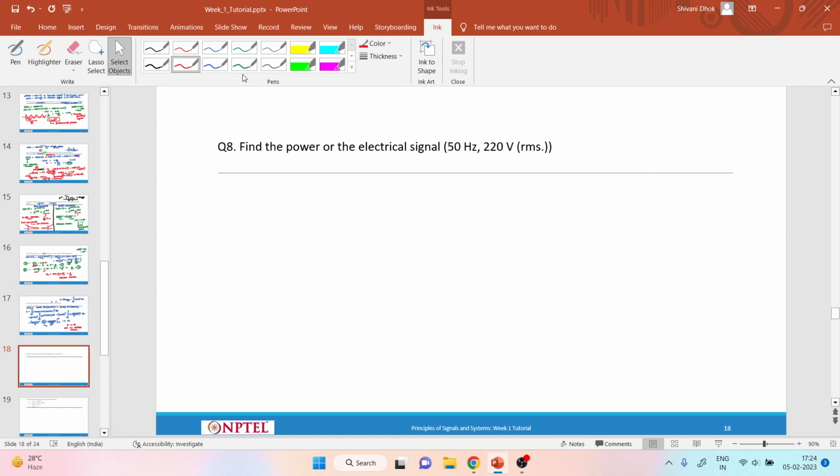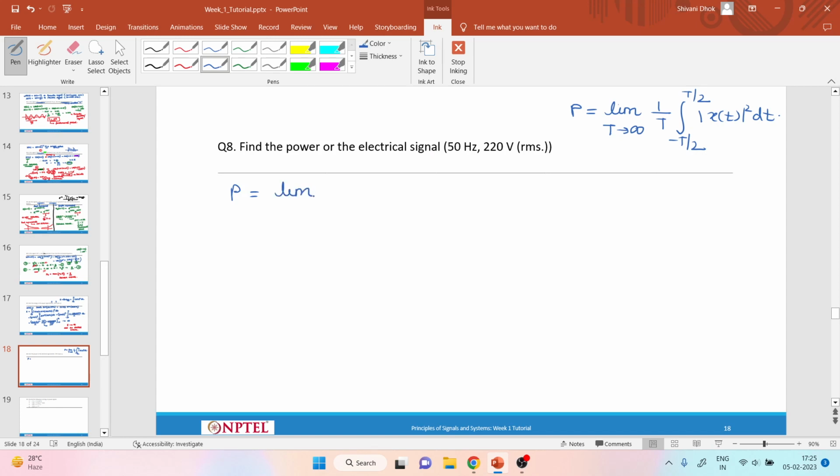Now let us try to find the power of the same signal. And what was the value of power? So power was P equal to limit t tending to infinity 1 by t integral from minus t by 2 to t by 2 mod of x of t square dt. And now we need to find the power of this signal.